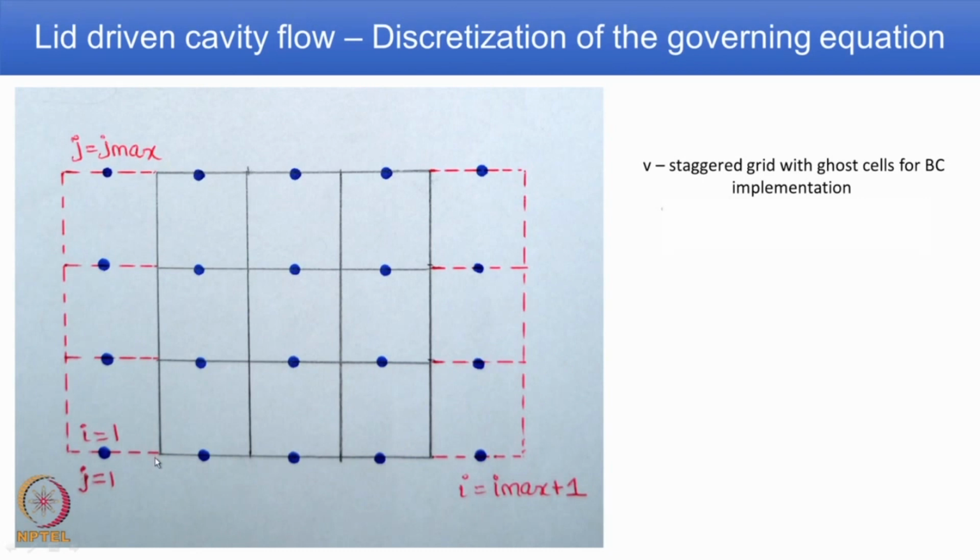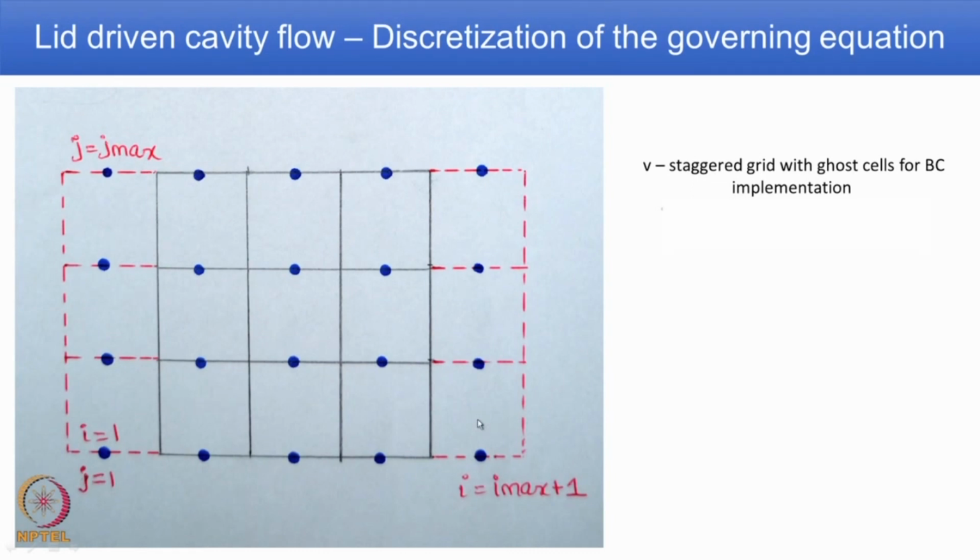Now, for the V momentum equation, because we are following a staggered grid arrangement of variables, we need to have one more extra grid line on either side as a ghost cell or ghost node. These are shown by the red colored lines, one on the left side and another on the right side as shown here. For simplicity's sake, we define the delta x of the ghost grid line and ghost cell the same as the immediately adjacent cell.